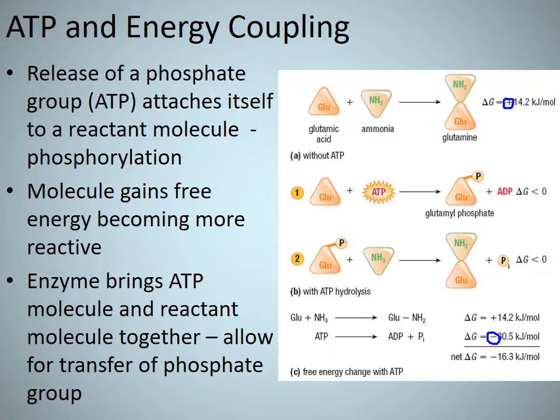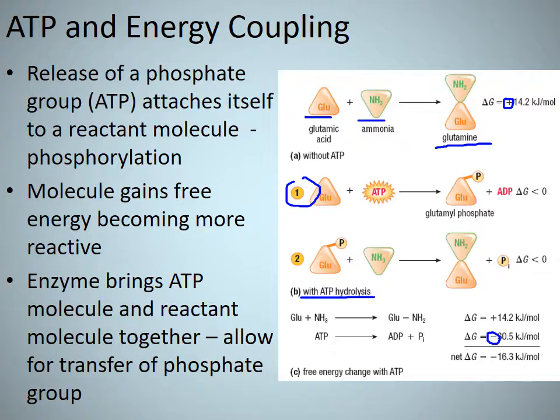So we're coupling the hydrolysis of ATP to reaction 1 here, glutamic acid and ammonia. We're coupling the hydrolysis of ATP with this reaction in order to get glutamine.